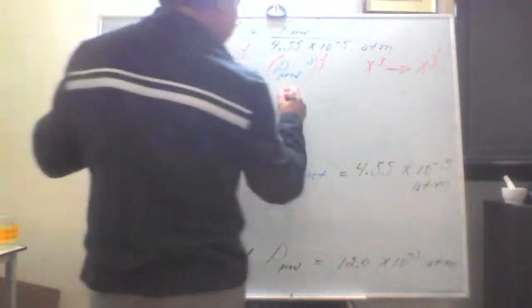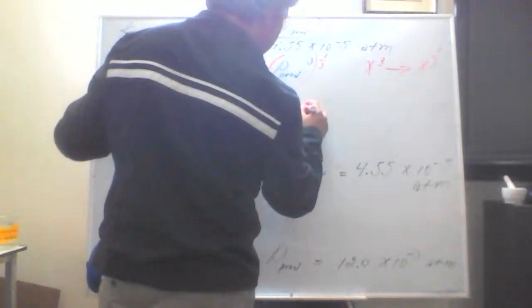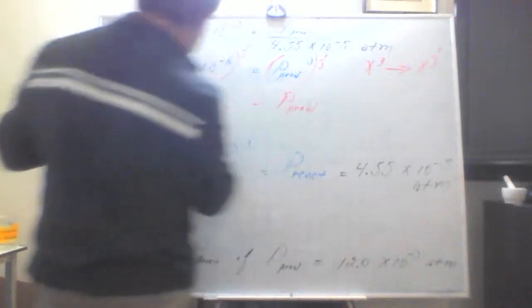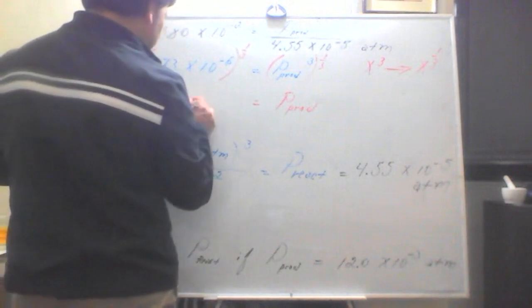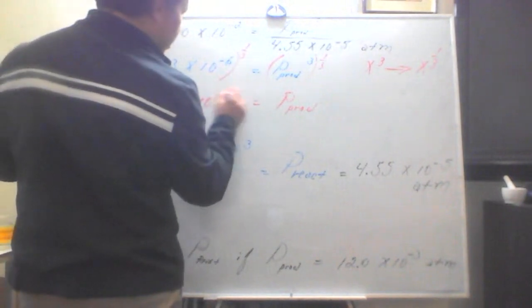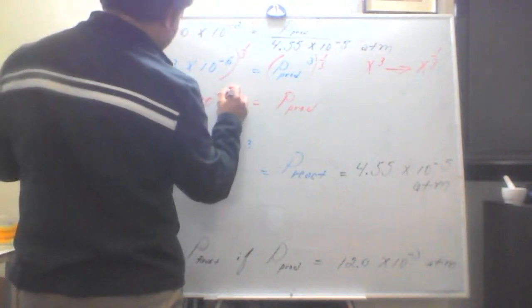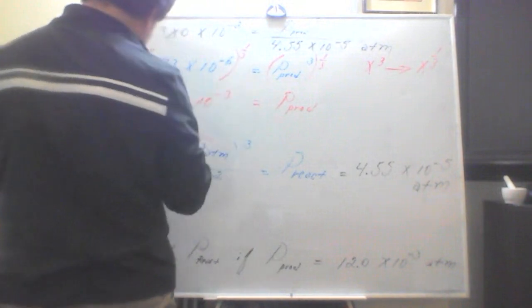So the partial pressure of the product is equal to 12.0 times 10 to the minus 3.